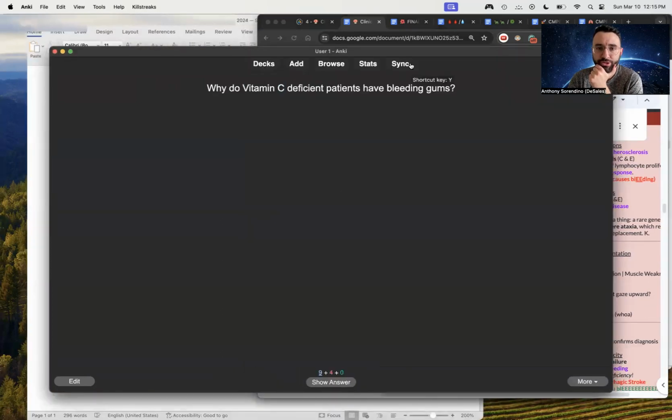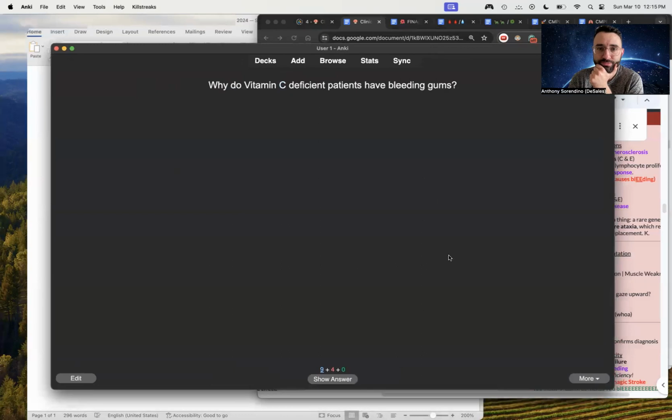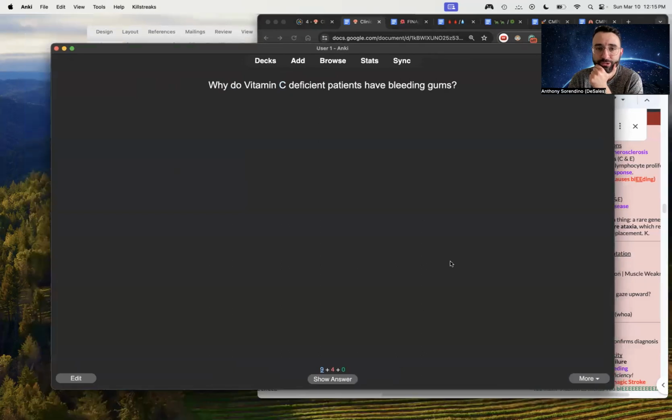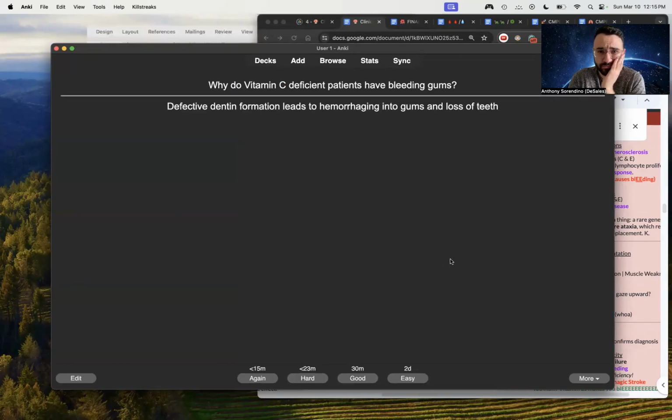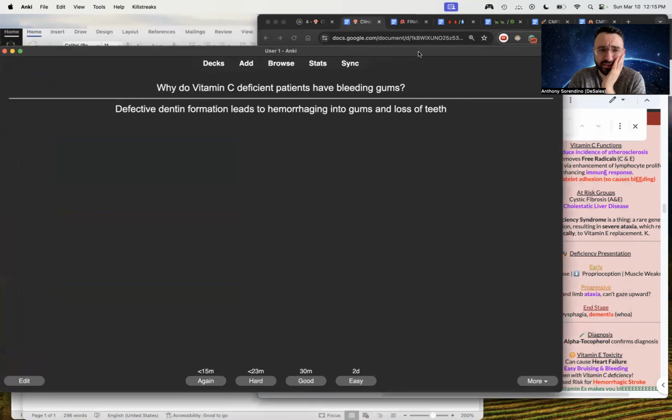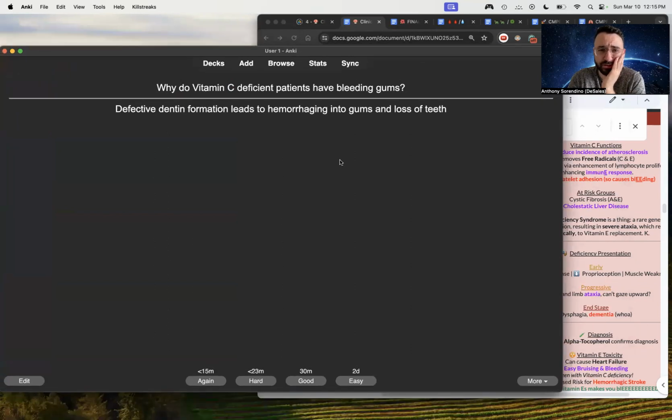Why do vitamin C deficient patients have bleeding gums? Because we need vitamin C for like coagulation factors. So not exactly. It's defective dentin formation leads to hemorrhaging into the gum.